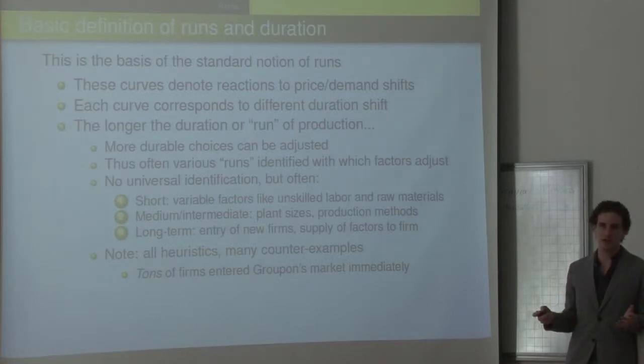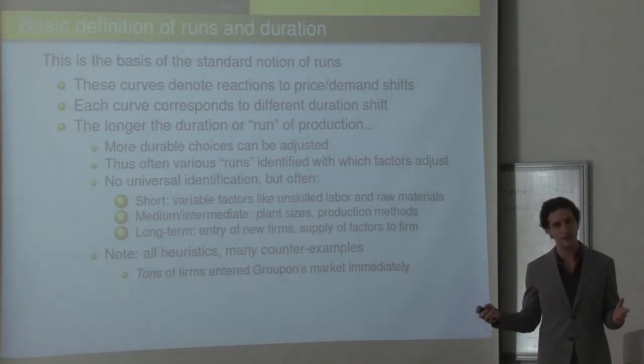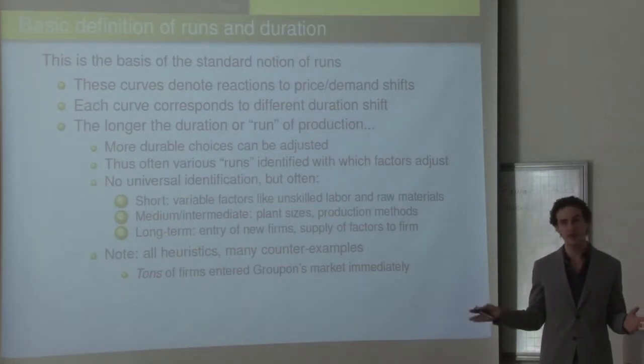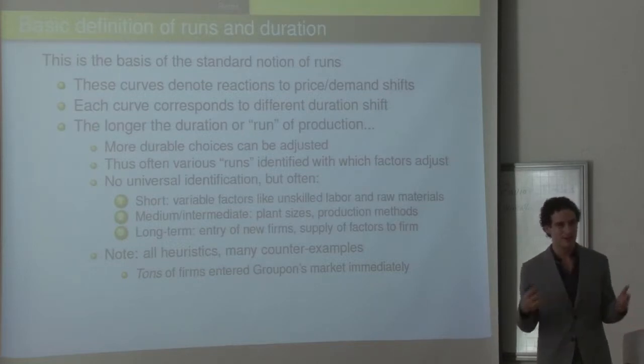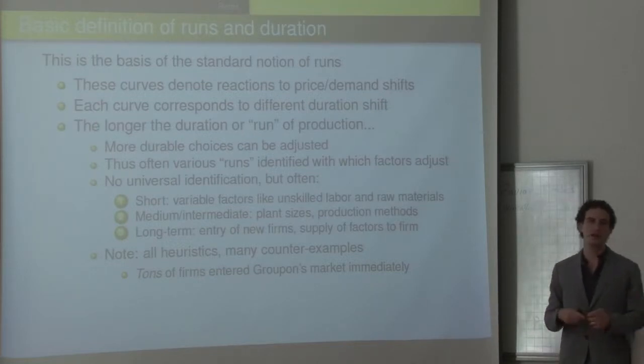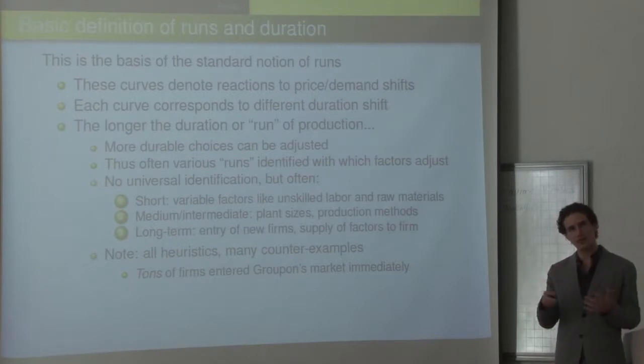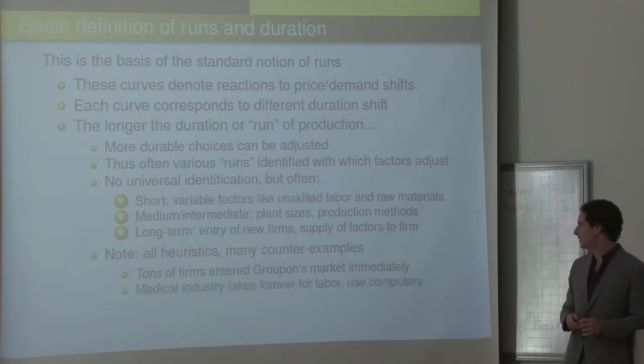Already there's like 1,000 companies in the same market. So the notion that it takes a long time for firms to enter a market obviously depends on what type of market it is. If it's producing steel, maybe it takes a long time. Even a restaurant might take a while. To do the same thing Groupon does takes a couple weeks of getting your programming together, right? Because programming and getting computer space is something that moves very quickly, right?